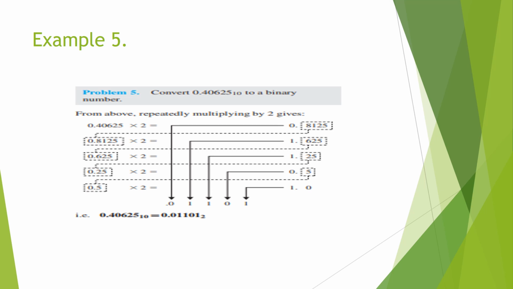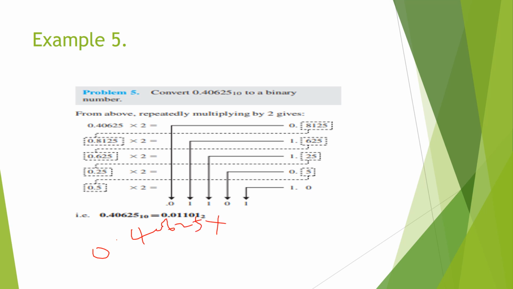So if we convert 0.40625 to binary, this one we don't divide when converting the fractions or the decimal, but what we do, we repeatedly multiply by 2 until we get 1.0. So in our case here, we first have 0.40625.